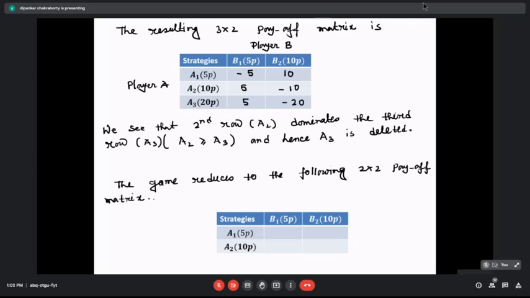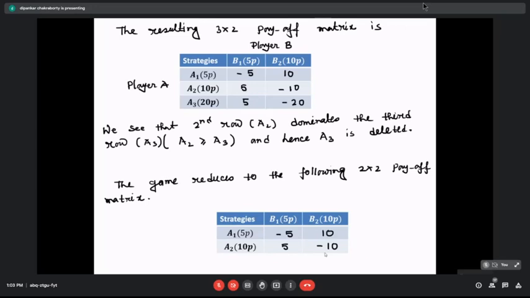The game reduces to the following 2 cross 2 payoff matrix. What is that? Minus 5, 10, and 5, minus 10. Now it is transforming into a 2 cross 2 game. So now you can easily apply that mixed strategy formula to find the solution.